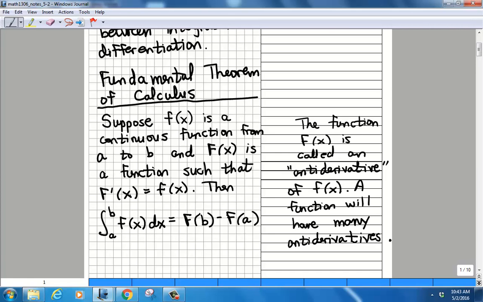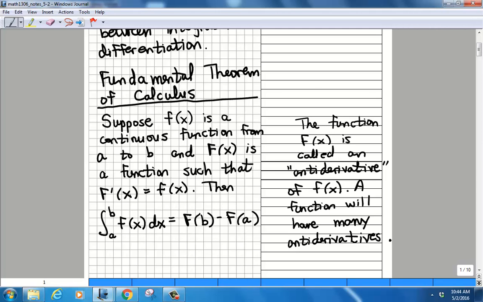So be very careful here that you distinguish between uppercase F and lowercase f. Here's the function that we're trying to integrate. This is lowercase f. But suppose we can find a second function that I'm calling capital F, so that when you take the rate of change of capital F, you get lowercase f.